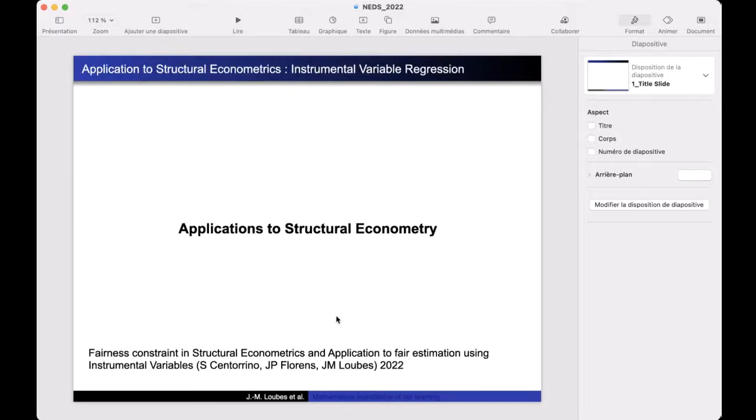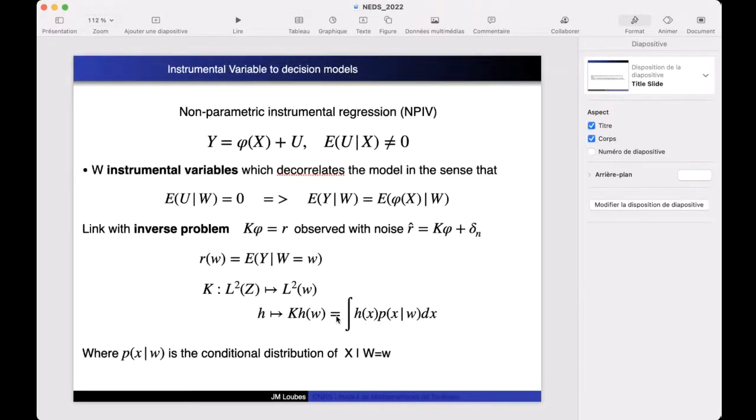So I want to show you some example of what you can do in practice using a model, which is a regression in econometry. So assume you are in the famous example in econometry where you want to select students based on some score.